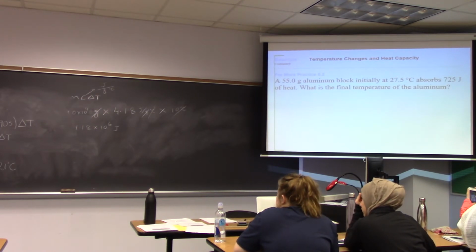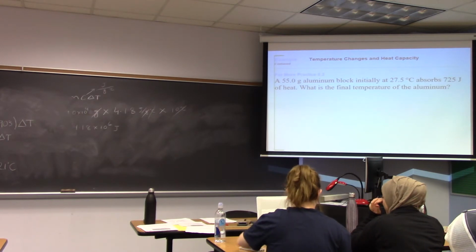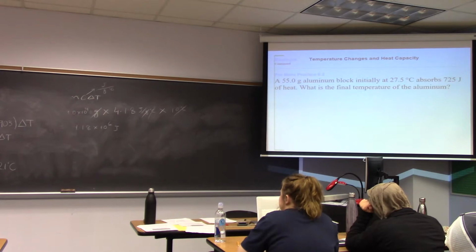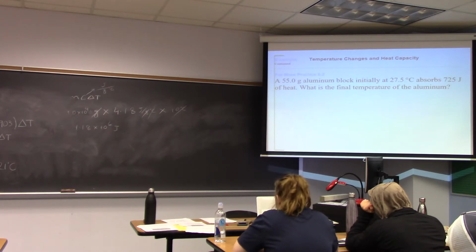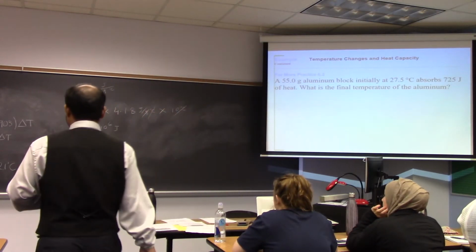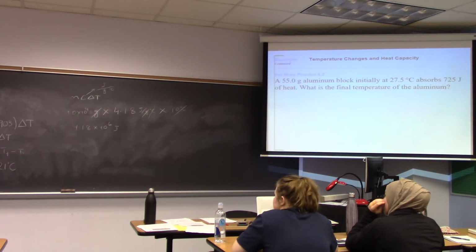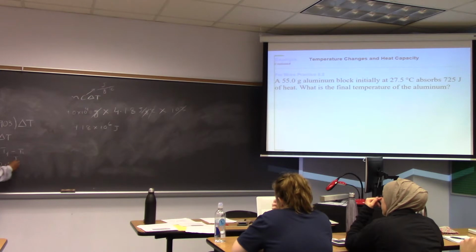You're trying to find the change in temperature. Yeah, that's the issue. The block starts at 27.5 Celsius. So you don't know the change in temperature, but you have the heat. You have the mass. Okay, then delta T. So delta T equals TF minus TI, right? And then the 14.6 must be on the other side. We need TF, right?